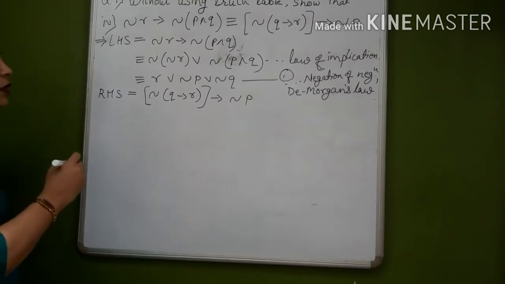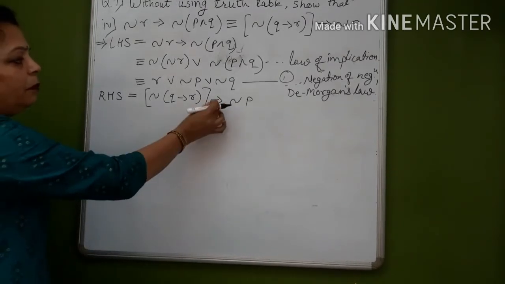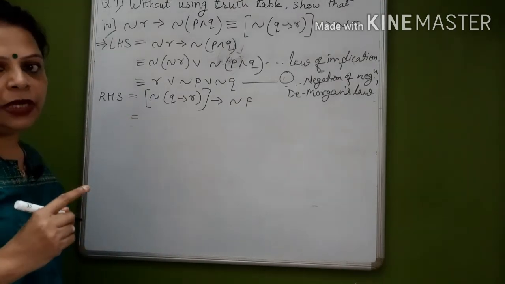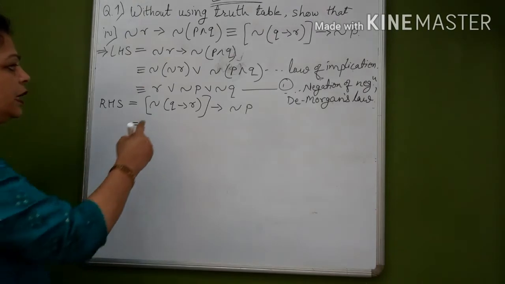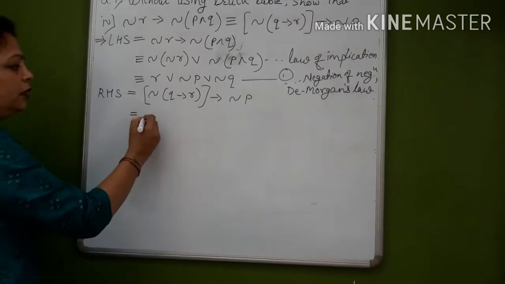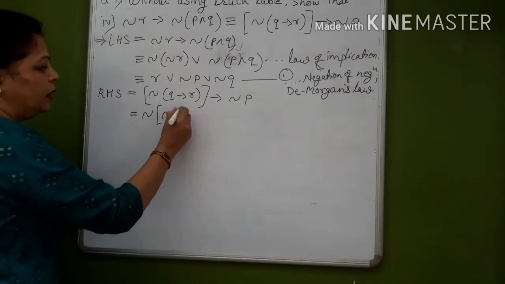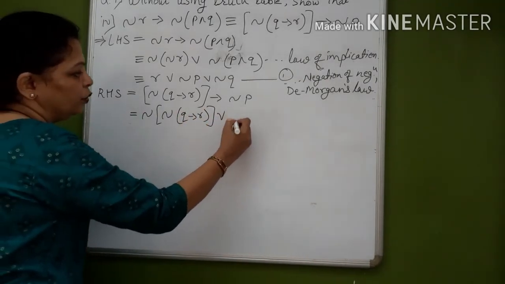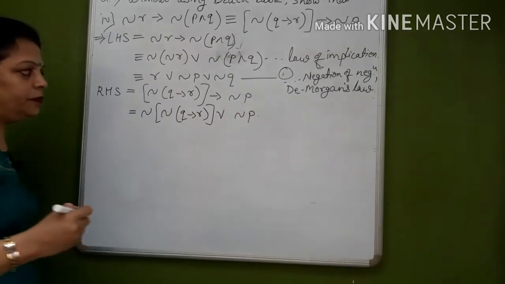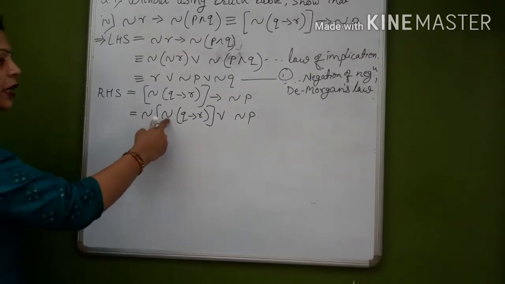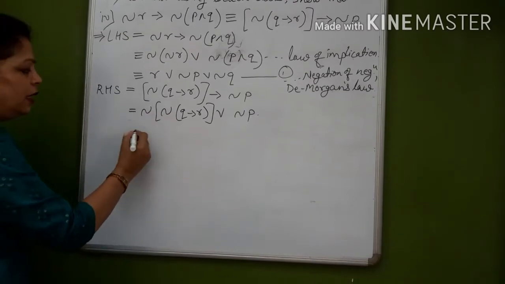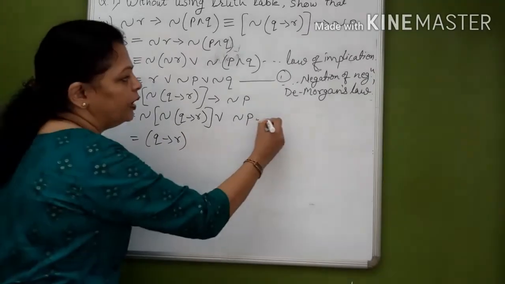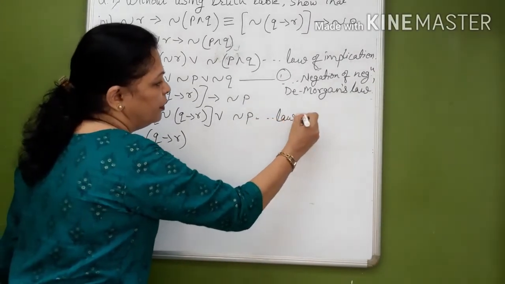So coming back to this RHS, we have here P implies Q, and P implies Q is negation P or Q. So negation into bracket, negation of Q implies R or negation P. Now again here negation will get cancelled, and this will be same as Q implies R. Don't forget to write the law here, law of implication.